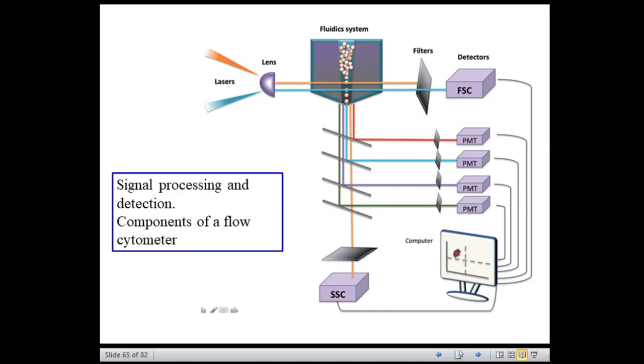Right. So the linear amplification is used if a limited dynamic range is required, as in case of DNA analysis, wherein just a two-fold difference in DNA content may be observed. And logarithmic amplification is used if a much broader dynamic range is needed, as in the case of the analysis of cell surface marker expressions.